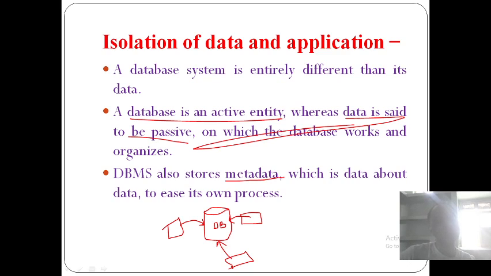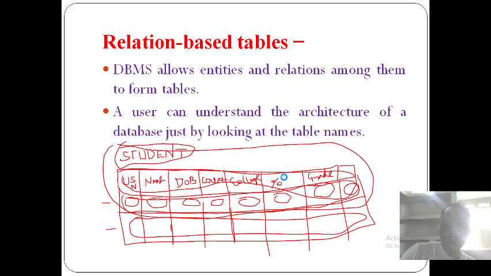Its database you have. Assume that in the student database, in the student schema, you have the university seat number, name of the student, date of birth of the student, course of the student, college of the student, and percentage of the student.